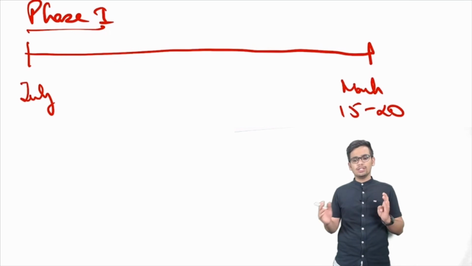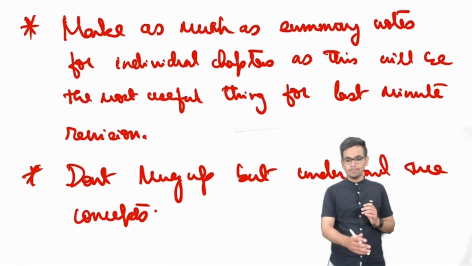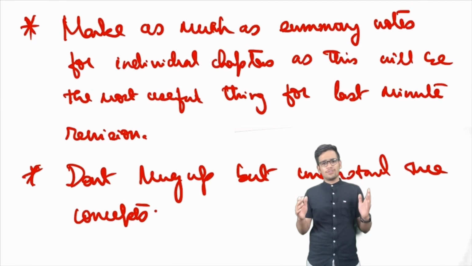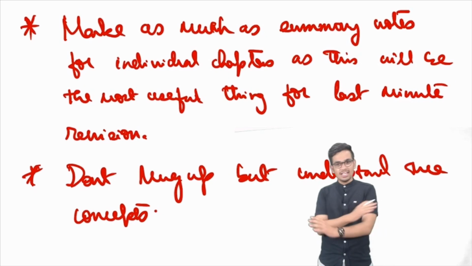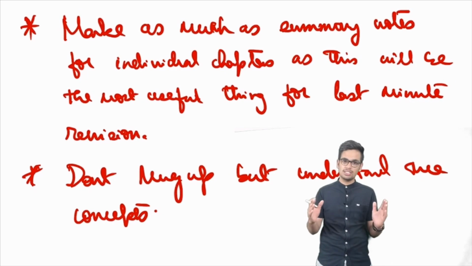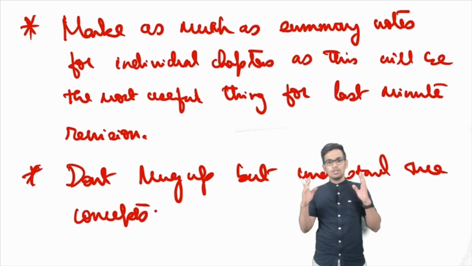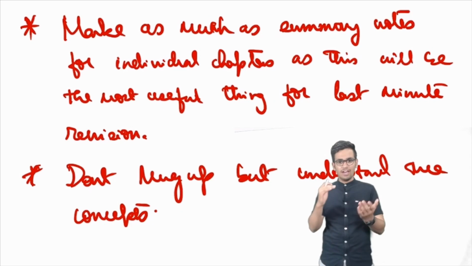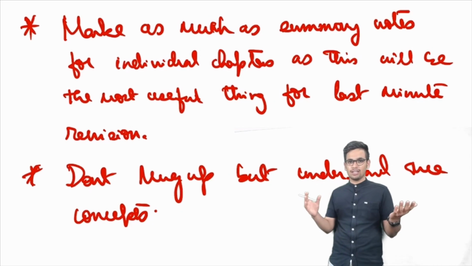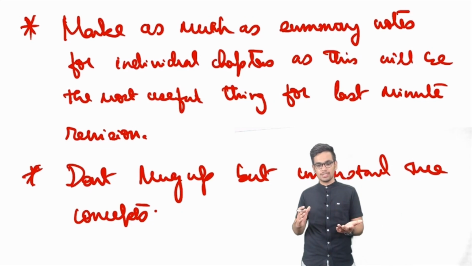In this phase you need to keep some points in mind. When you're preparing, first make sure that you make as many summary notes as possible for each and every individual chapter. If you have 8 months for 8 subjects, that's around 30 days for every subject.